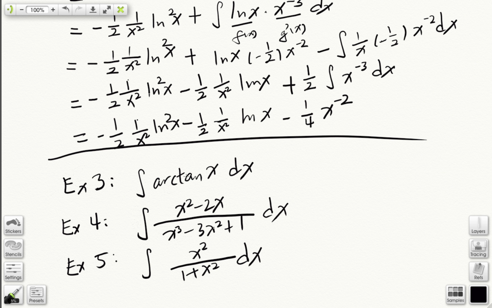You can stop here for a while and try to do those 3 problems. If you're ready, you can click OK, and I will give you the answers.